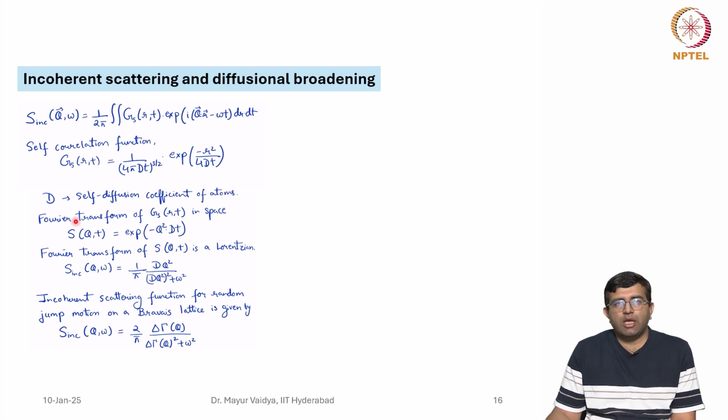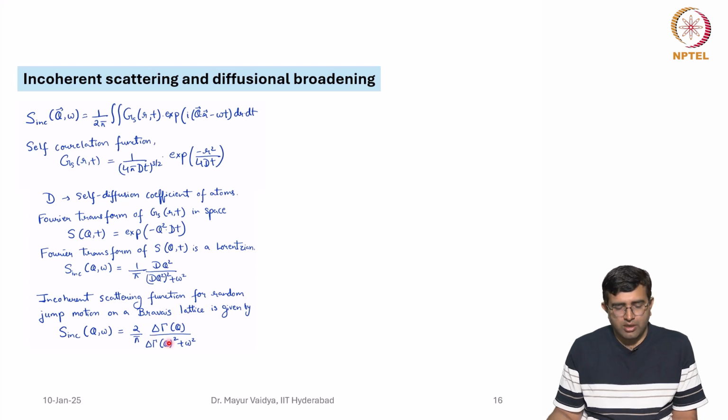If you take a series of Fourier transforms of this G, first in space, then in time, then finally you can write the incoherent scattering function for a random jump motion on a Bravais lattice as 2 by pi, delta gamma divided by delta gamma square plus omega square.